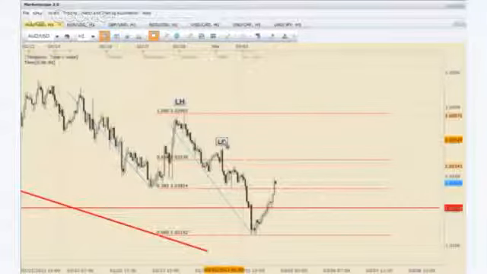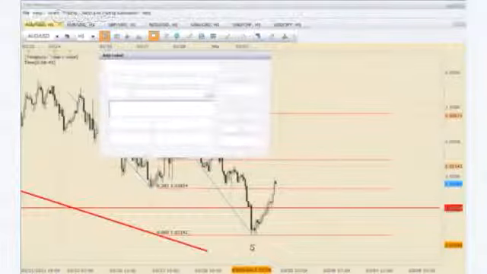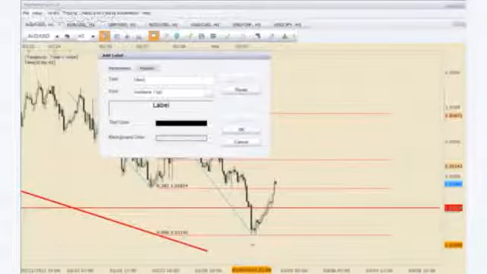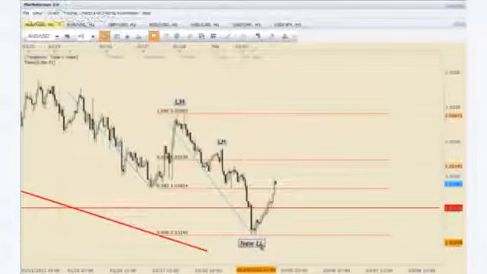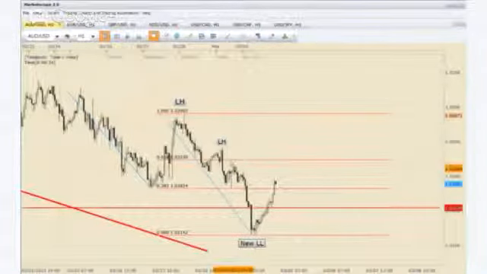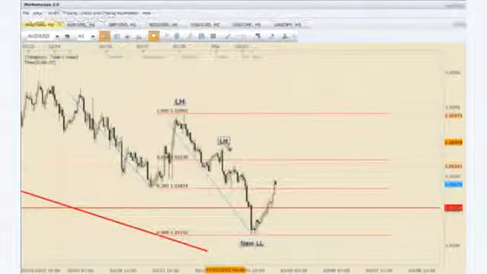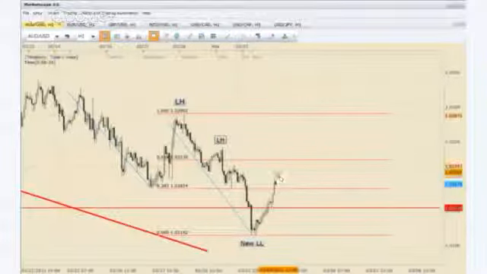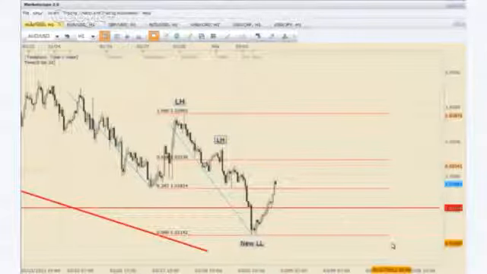And both of these are qualified because they both produced a new lower low down here. So a new lower low has been made. A previous lower high is not broken. So I would be looking for trend continuation signals.